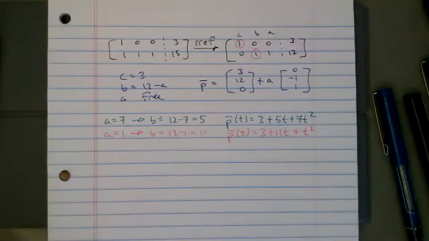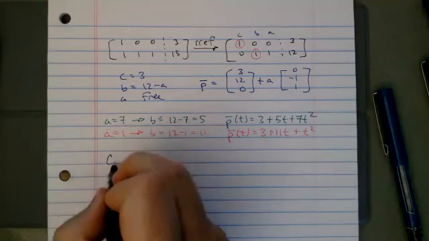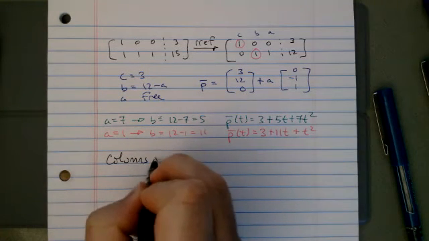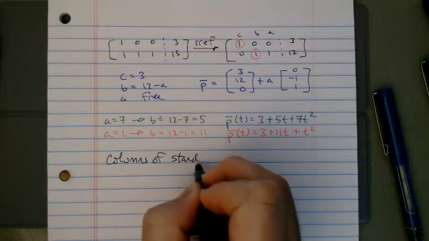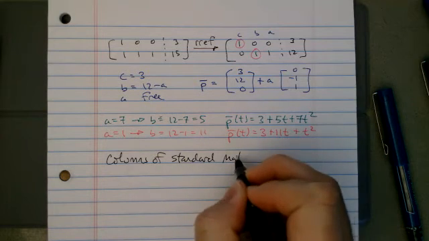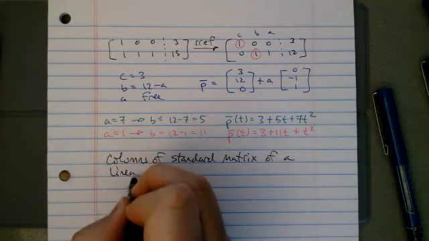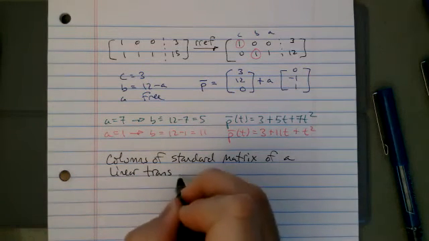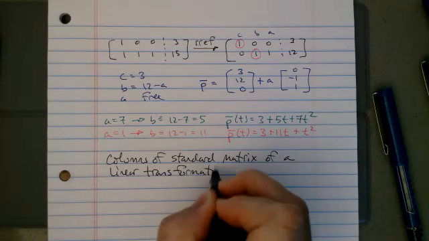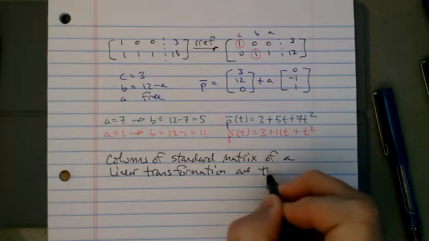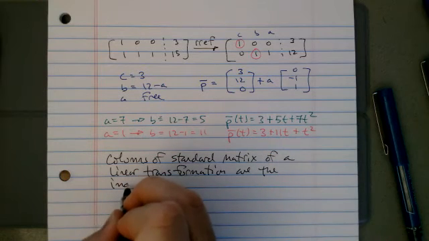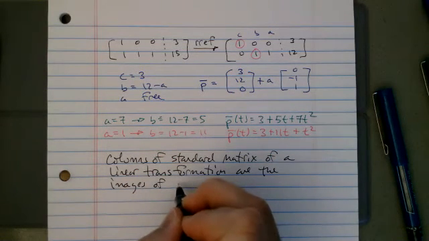To get the standard matrix, you find the columns of the standard matrix of a transformation. They are the images of the basis vectors.